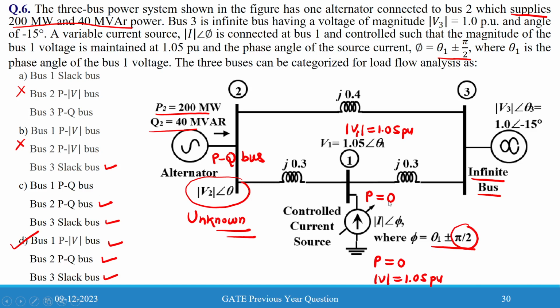Only reactive power is being injected into that bus. So the active power injected by this current source is 0. Therefore P is specified, V is also specified, so it is a PV bus. Bus 1 is a PV bus. Correct, Anil? Okay, sir.